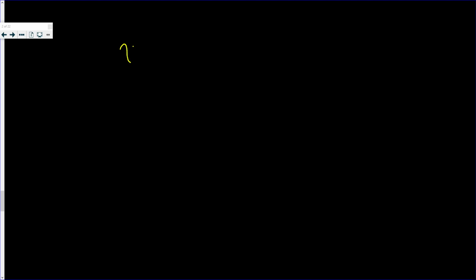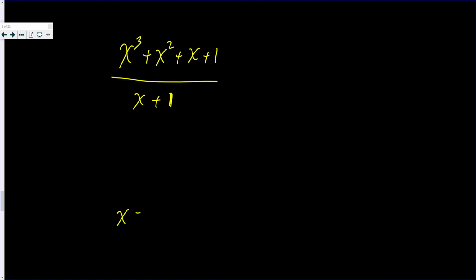Suppose you have x cubed plus x squared plus x plus 1, and you want to divide this by x plus 1. To use this method, the denominator has to be in the form of x plus or minus some number.